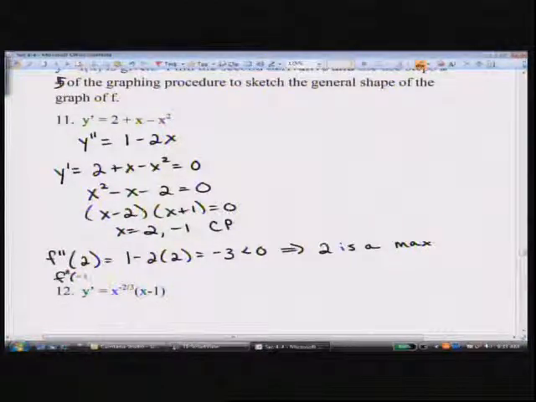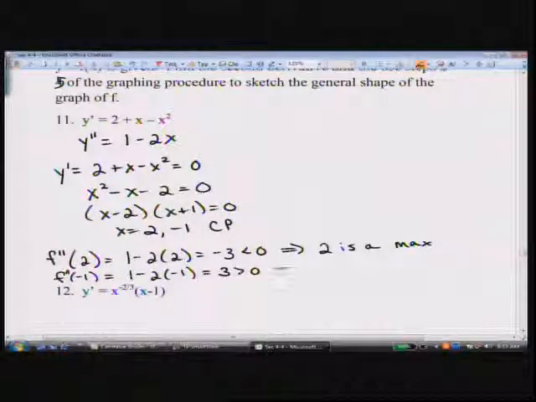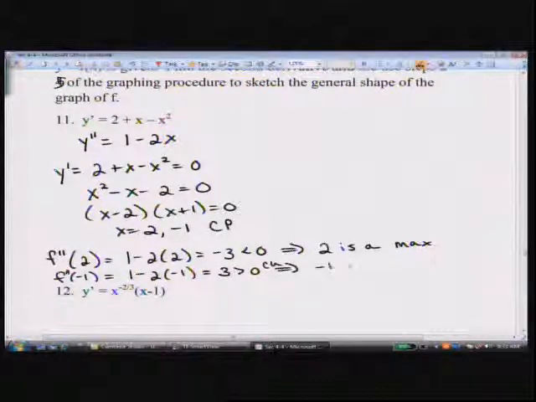F double prime of negative 1 is 1 minus 2 times negative 1, which is 3, which is positive, which means you're concave up at negative 1. If you're concave up at negative 1 and it's a critical point, it must be a min. So that was using that fun second derivative test.